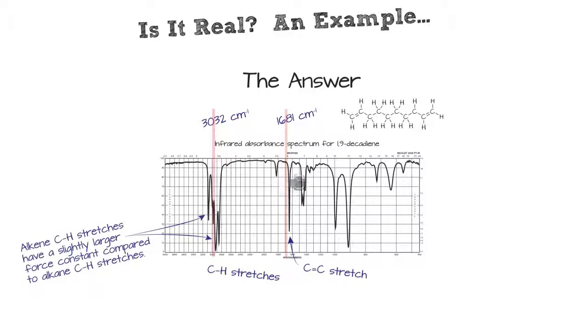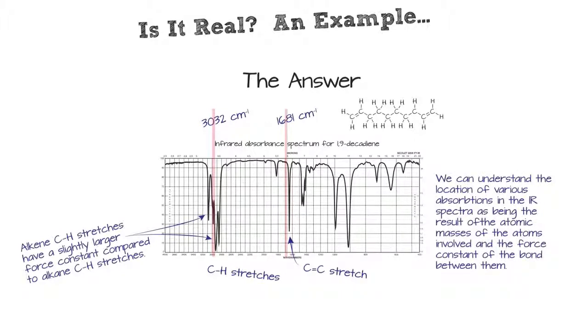Down here we've got bending, overtones, all kinds of combinations. In fact, below 1500 on down is a region we often call the fingerprint region. It's so hairy and messy that it's difficult to interpret a lot of the time. But we'll concentrate on the strongest peaks, and we'll always be able to understand what's going on.